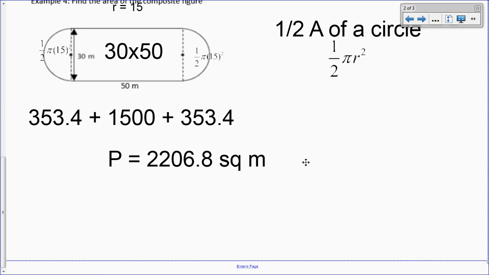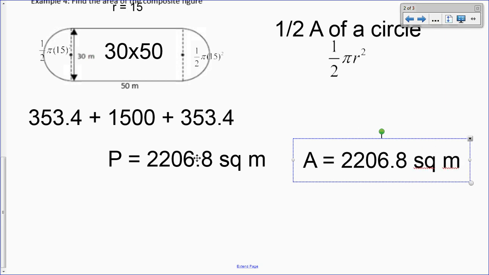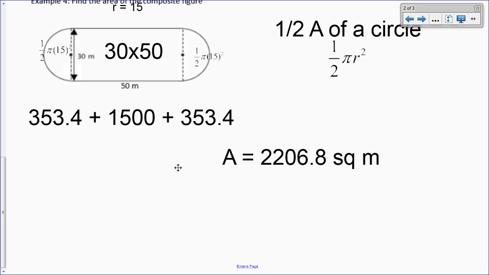A equals 2,206.8 square meters. Not P. Go away. Delete. Delete you. This one.